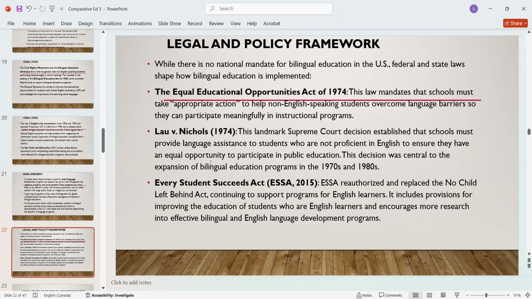The Equal Educational Opportunities Act of 1974. The law mandates that schools must take appropriate action to help non-English speaking students overcome language barriers so they can participate meaningfully in instructional programs. To help non-English speaking students, this act is helping.